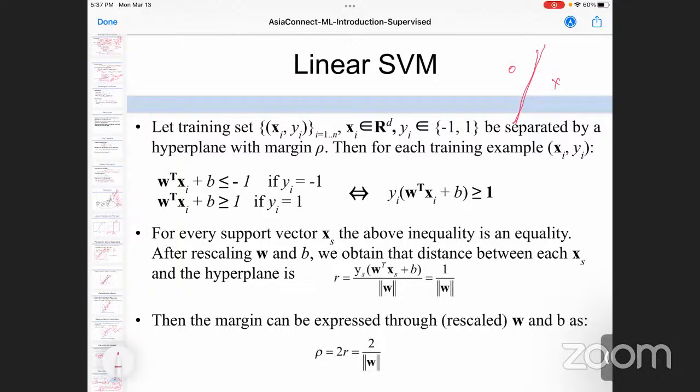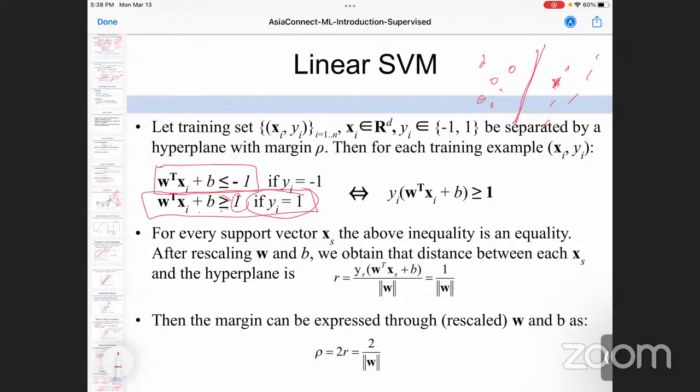For each positive training example, we can say w^T x_i + b is greater than or equal to 1 if y_i equals 1. And for each negative example, we can say this one.